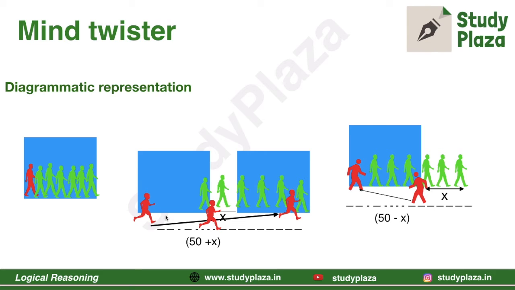And during this time, he has traveled 50 plus x meters. X meters the unit has traveled and 50 meters the length of the unit. So the total distance the red person has traveled is 50 plus x meters. In this diagram, the red person, after giving the letter to the first person, comes back to the original position. In the meantime, the soldiers move through distance x and he has to travel distance 50 minus x.